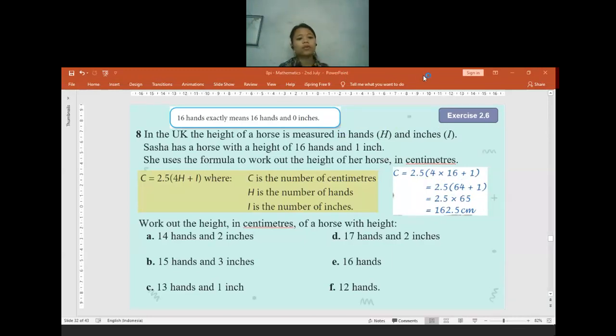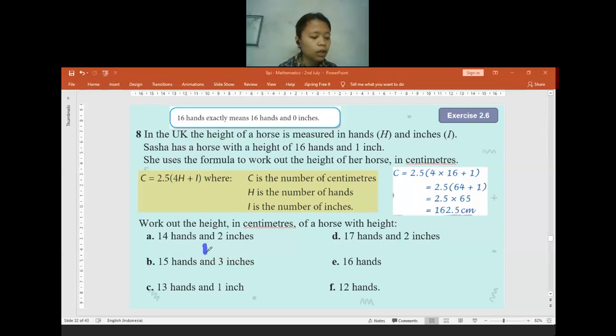Okay. For question 8A, is there anyone who wants to tell me the answer? How many centimeters will it be? 145 or 1450?